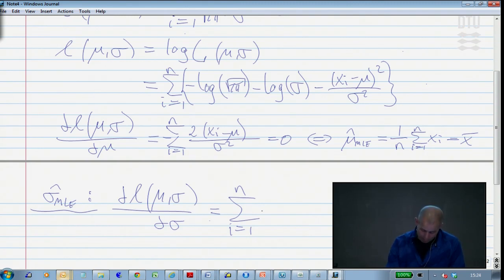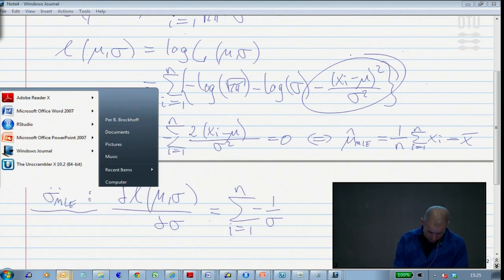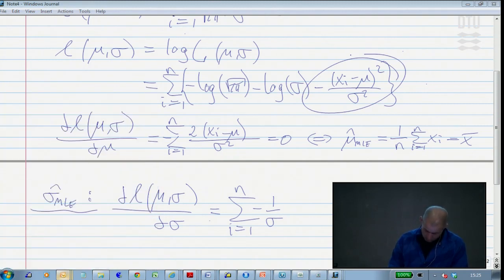Then I get the minus 1 over sigma, right? That's the derivative of the log. And then what about the second one, this term here? This term, I get the derivative. That is then 1 over sigma squared.